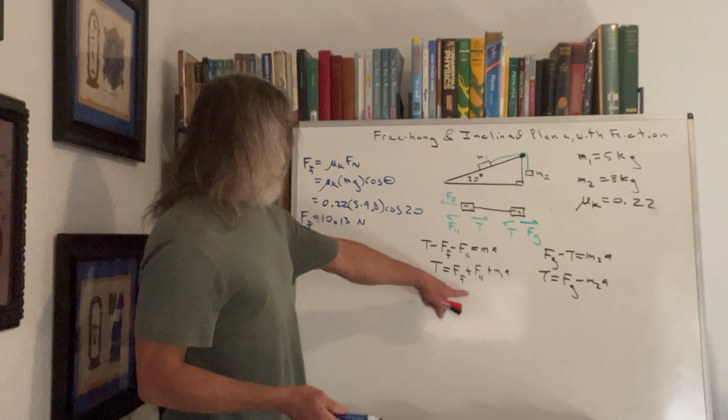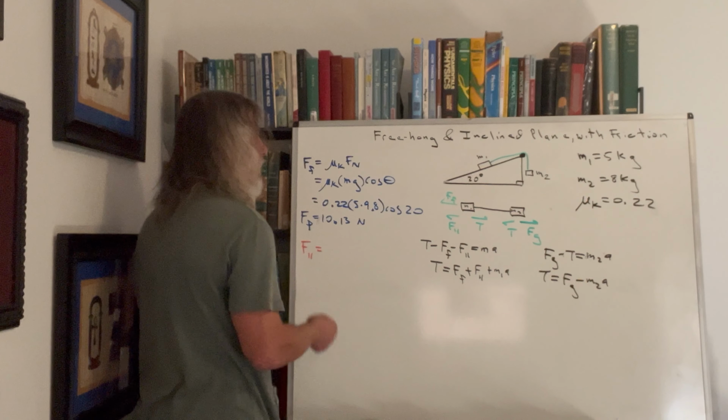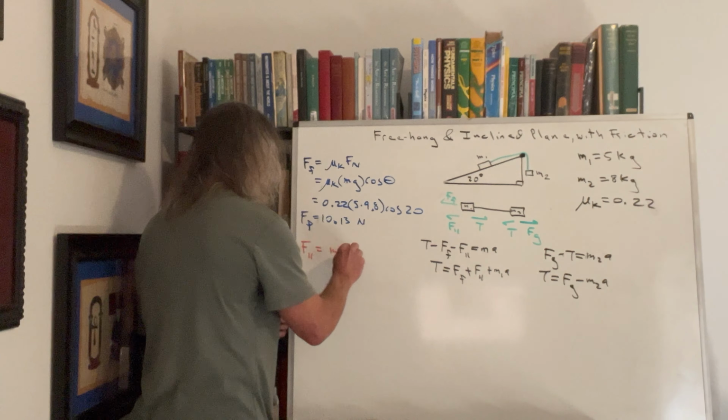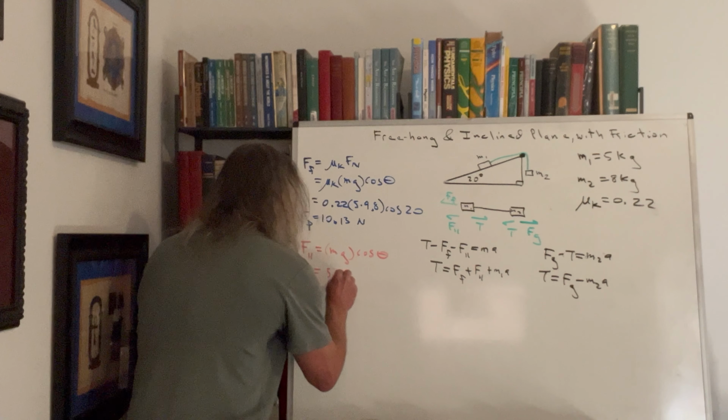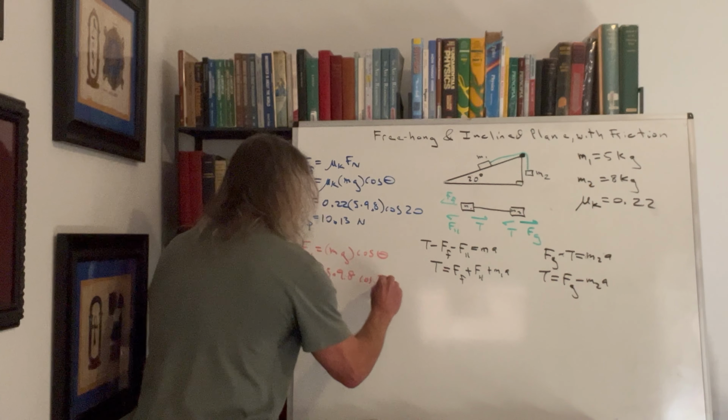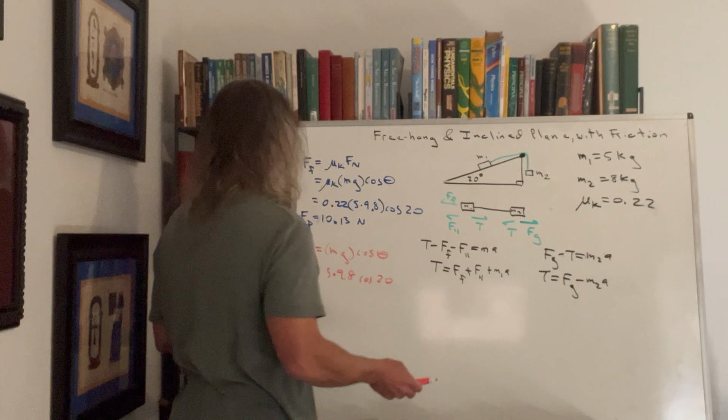So we got that. Now the parallel force, the component of weight, gravity down the inclined plane. Parallel, remember, is going to be the weight times sine theta. So in this case, five times 9.8 times sine 20.